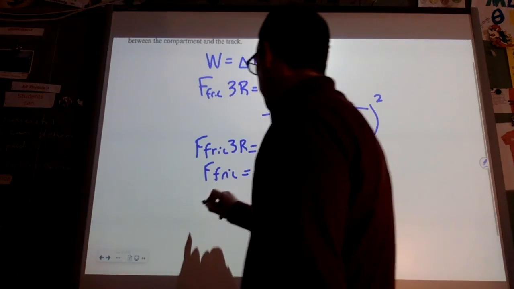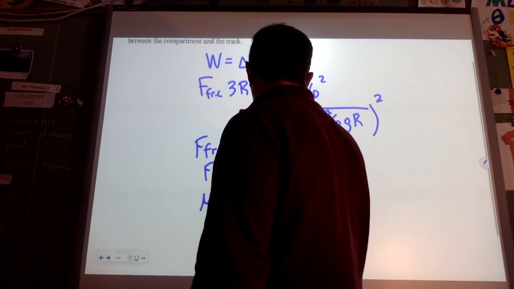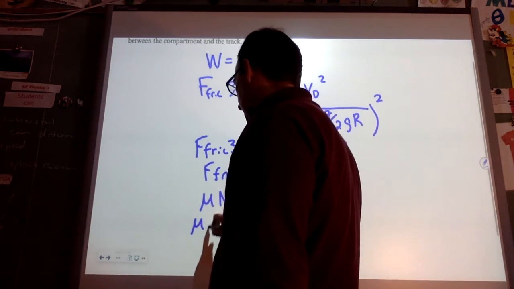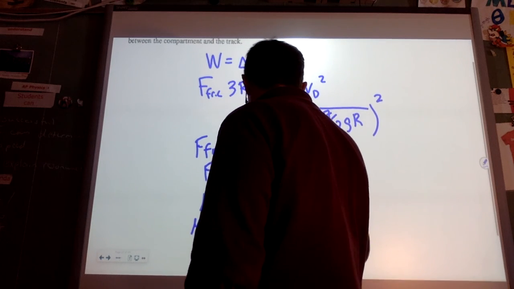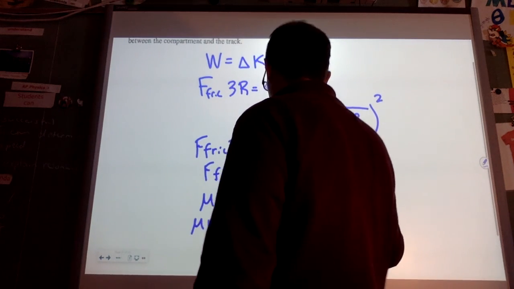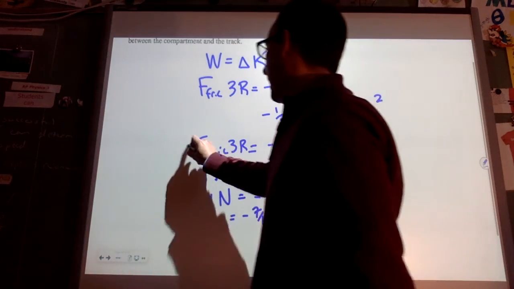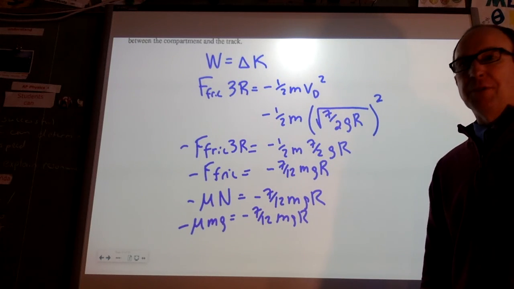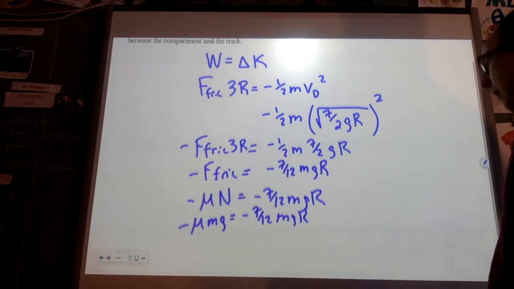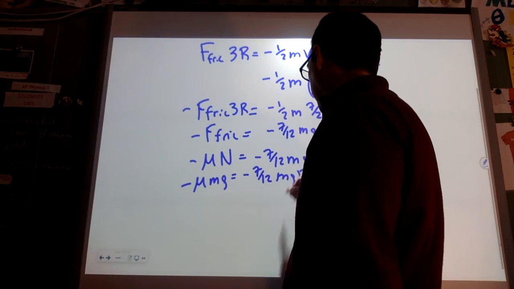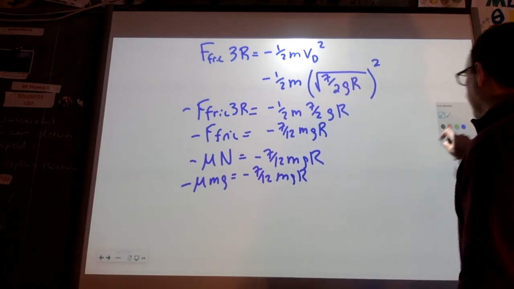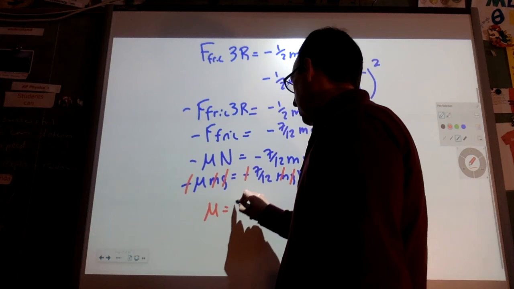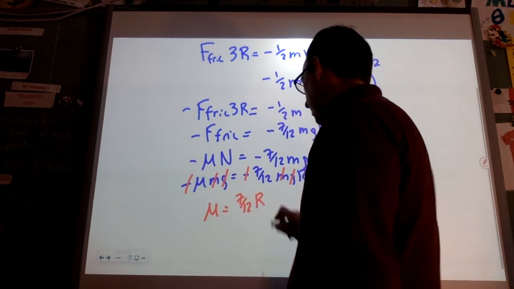This is also equal to mu N. And N is mg in this case. Now it's negative because this should have been negative too because it's a resistor force, right? Our mu is not going to be, it's unitless and it can't be negative. So I have mg's and the negatives can go away. And so mu is equal to 7/12 R.